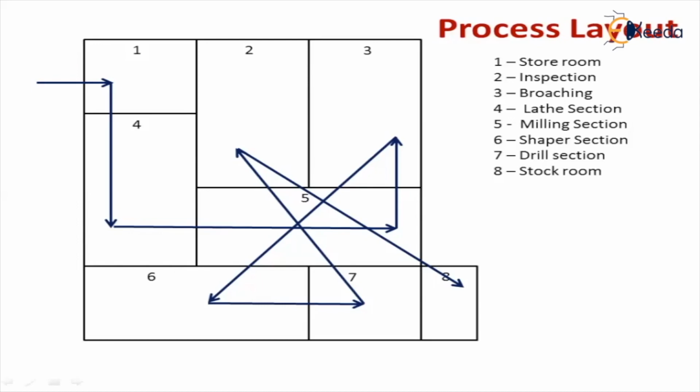Then it comes for shaping. Then it goes for drilling. So once all the process is completed, it goes for the inspection process. And once the inspection is made, it is going for the stockroom. So it is not a very streamlined flow. So it's an irregular movement. So obviously the movement between the machines will be comparatively high.